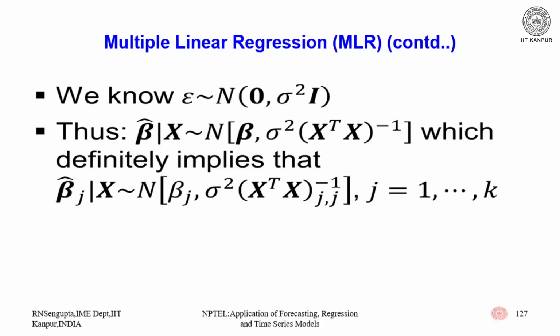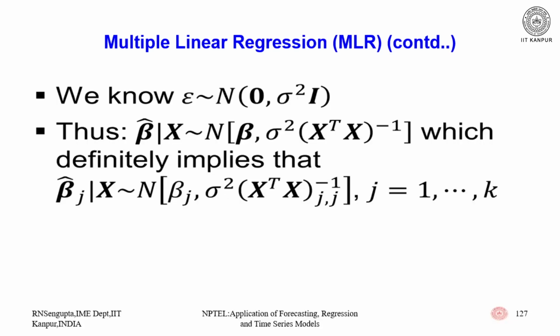Actually, I should say the unbiased estimate for sigma square is not the residual square, it is s square, because the residual square is biased.